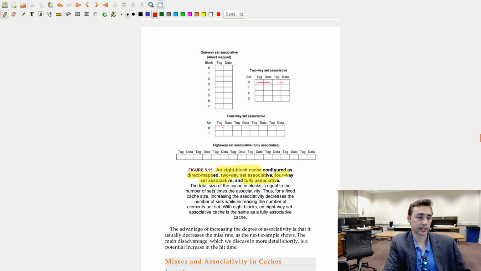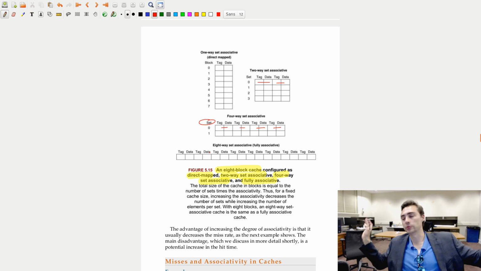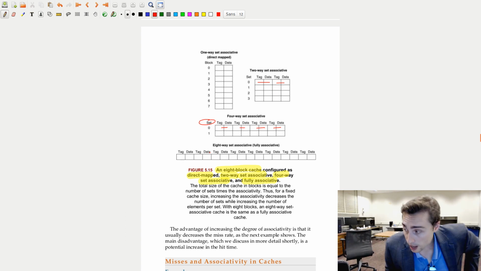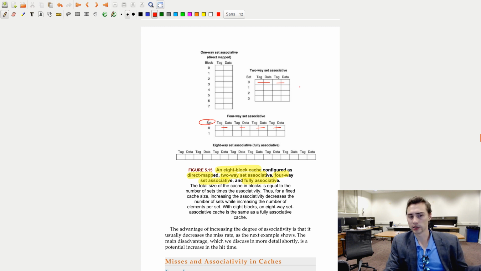In a 4-way set associative, we have 4 per set to search, but we have some more flexibility. We can move things around. And finally, in an 8-way set associative, or in this case, because of the cache size, fully associative, we can put a cache block anywhere. It seems great, right? But in reality, the hardware cost is going to be big because we have to search 8 places now. So we're trading flexibility for hardware cost.